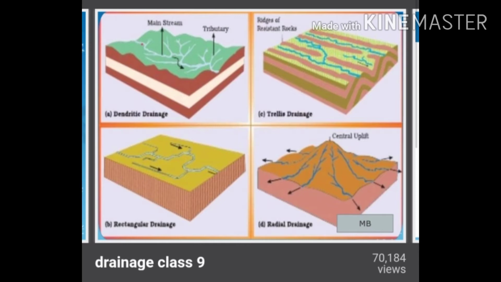Now in the third, it is trellis drainage, where the hard and soft rocks are parallel, so they form the trellis pattern. And in the last one, you can see that at the central uplifted peak area, the water bodies are moving in different directions, and it appears like a radial drainage.